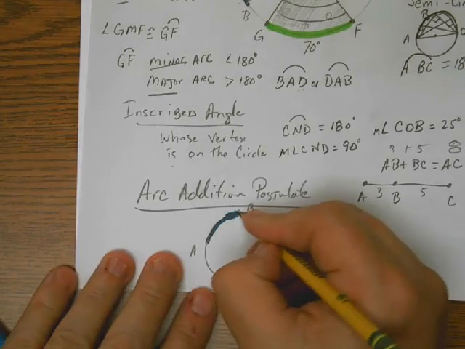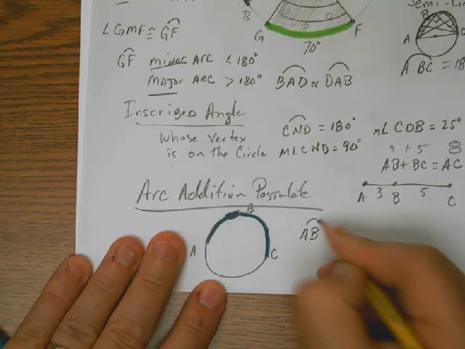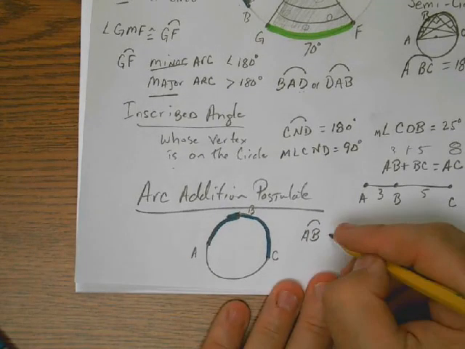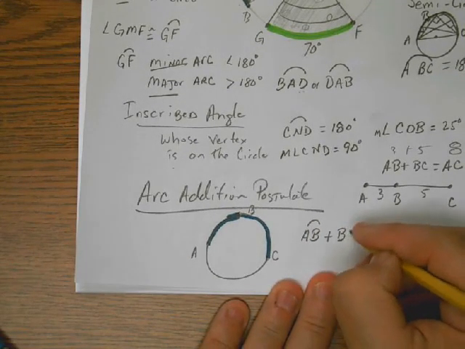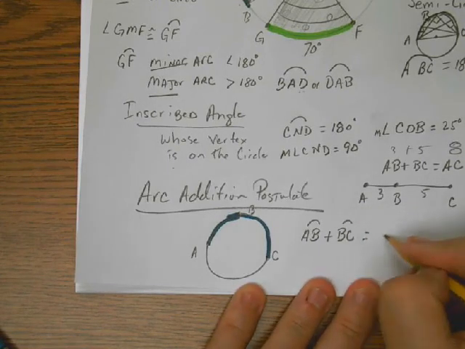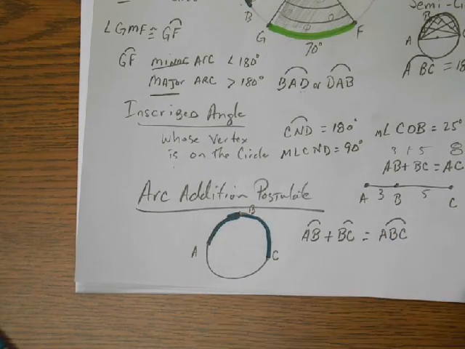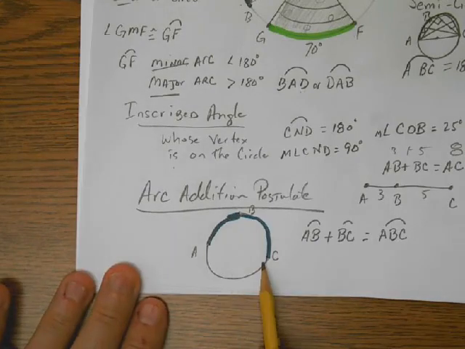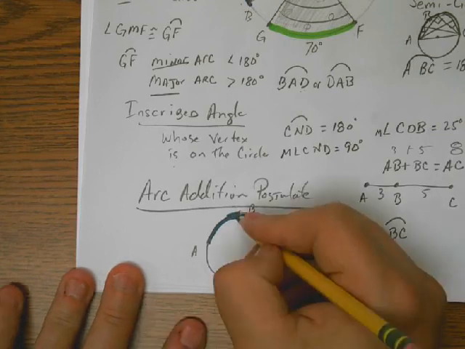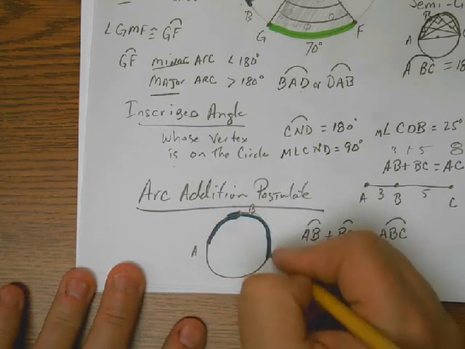So I know that arc AB plus arc BC is equal to arc. Now we usually, when we do that, we use 3 letters, again, just so that we're clear we're not going this way. And so I'm taking this arc plus this arc, and it's equal to the entire thing.